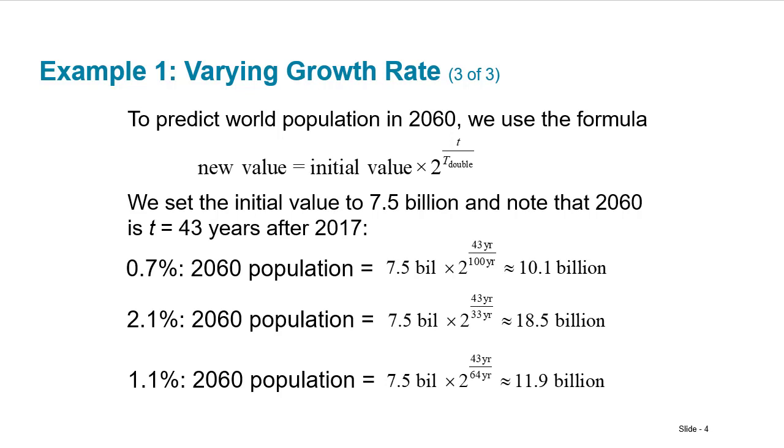And then for each of our three growth rates, we use the doubling times we just calculated: 100, 33, and 64. So we can see that in 2060, based on what kind of average growth rate we have over that period, we could have anything between 10 billion and 18 billion, and those are two hugely different numbers, right?